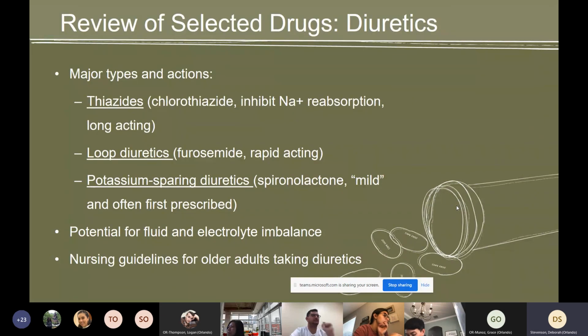There's a couple of classes of diuretics that your book likes to bring out. You have your thiazides, the loop diuretics, and potassium-sparing diuretics. I think the important thing here is to understand why you're giving a diuretic, and what should we do about it? What should we monitor for?